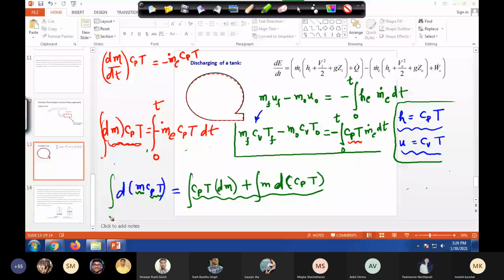There is no problem. This value I want. So the main problem is here. What will I write for this term if I integrate it? m_e dot is fixed. So there is no, wait. If I take m outside of this integration, what do you mean by m? No, it's not so straightforward.